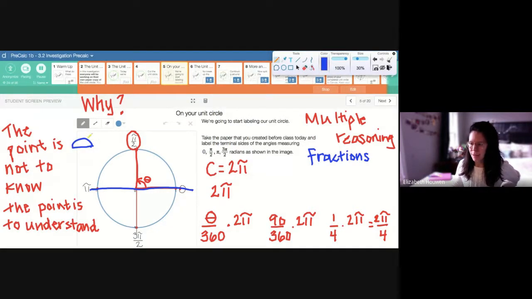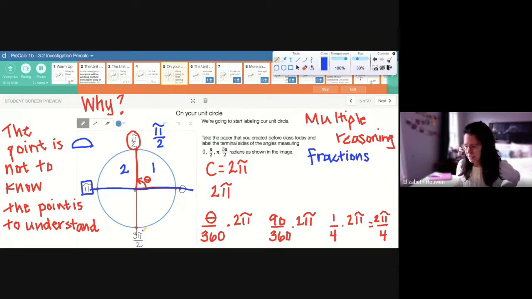So this top half is 1. Okay, then we have 2 pieces. So remember fractions. The top number tells us how many, and the bottom number tells us what size. So we have 1 pi out of 2 total pieces that would make up the top half. That would make up 1 pi. So I took 1 pi here, and I split it up into 2 equal pieces.